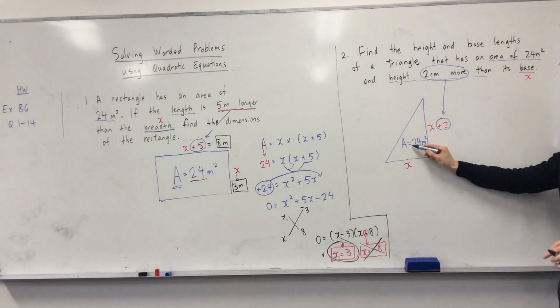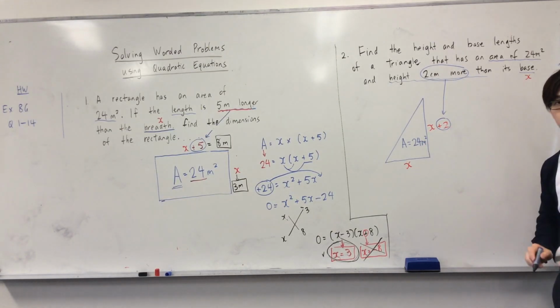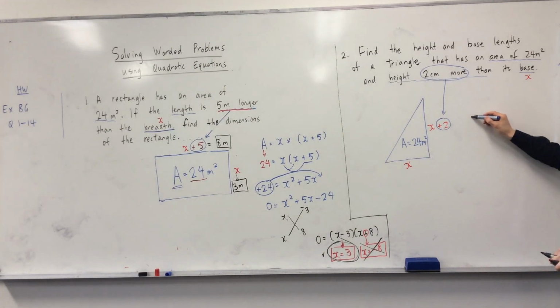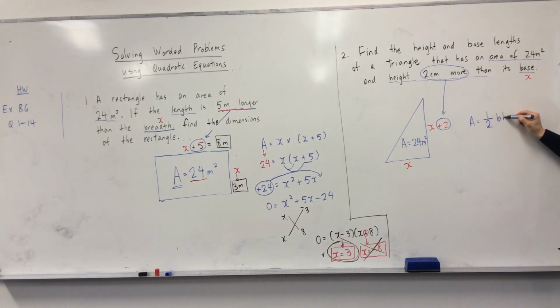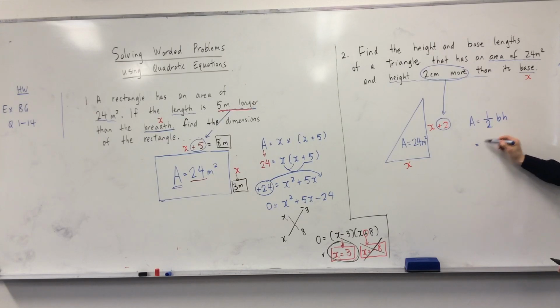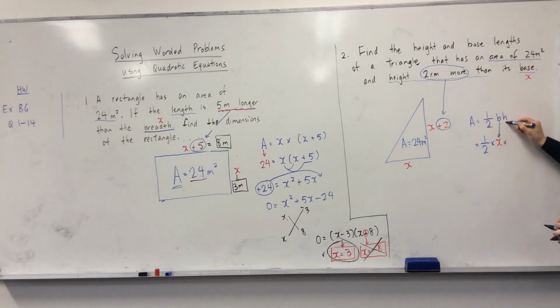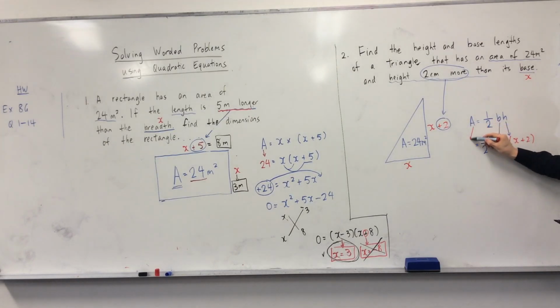Now once again, because it's area, we want to multiply the dimensions, but just keep in mind the area of a triangle is half times the base times the height. So we've got the half, the base is x, times the height, x plus 2, in a bracket. And that area is 24.